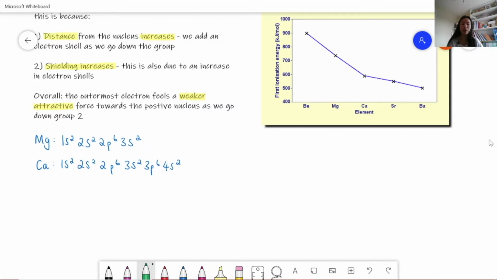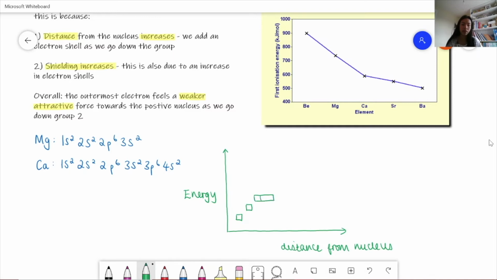So for an energy level diagram, we have the energy going up on the y-axis, and on the x-axis we have the distance from the nucleus. So we have our 1s2, and then 2s2, 2p6, so those are 3 orbitals, and then we have 3s2, 3p6, and then we have our 4s2.